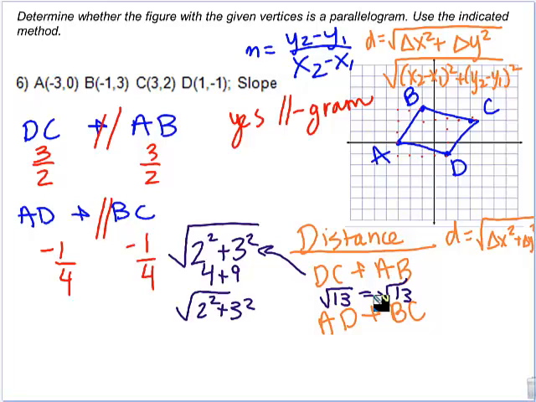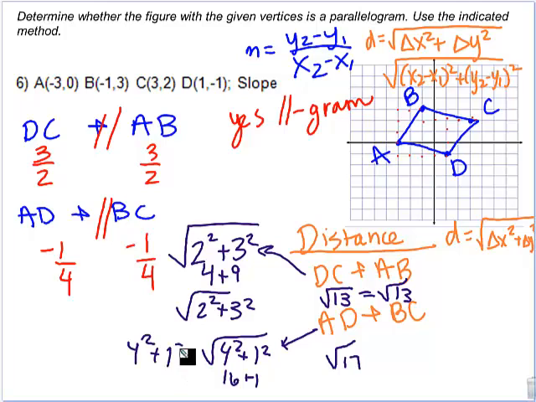So from A to D, negative 3 to 1 is 4. 4 squared plus 0 to negative 1 is 1 squared. So 16 plus 1 is 17, square root of 17. And then B to C, we change 4 and 1, which would also be the square root of 17, which are equal to each other. So that's how we would show that it's a parallelogram. If they're not equal, would it be a parallelogram?